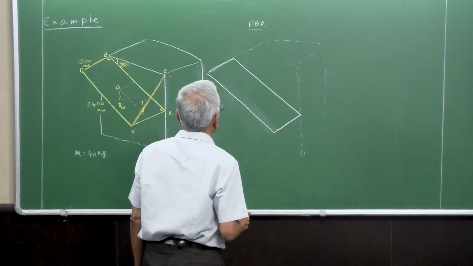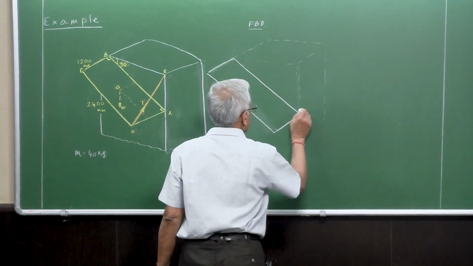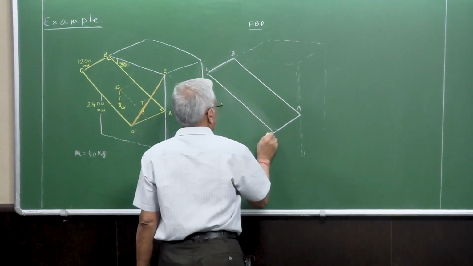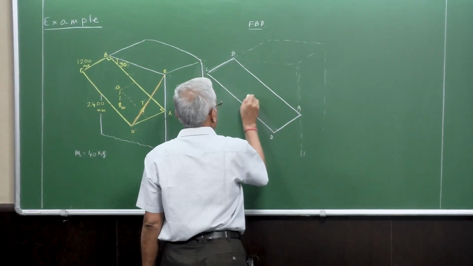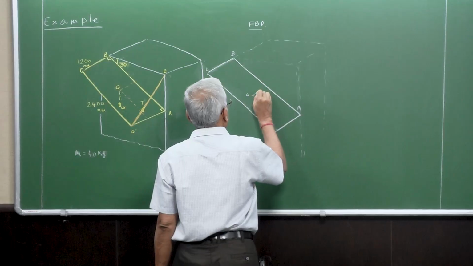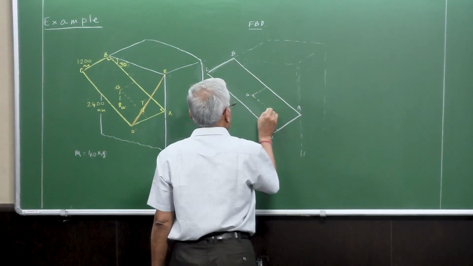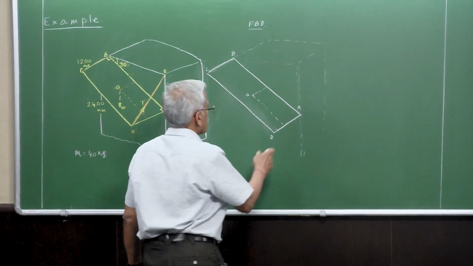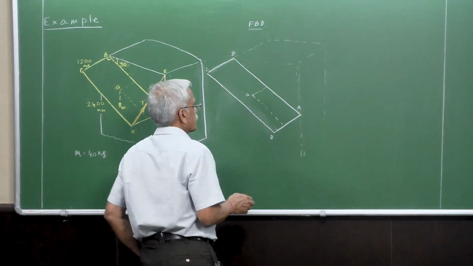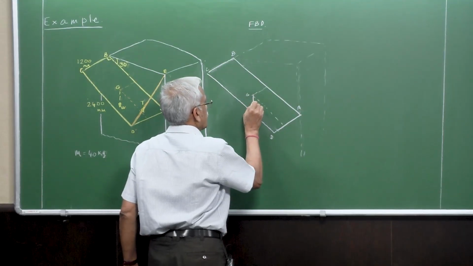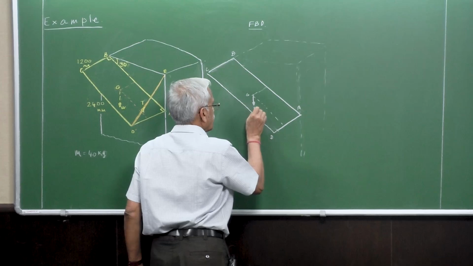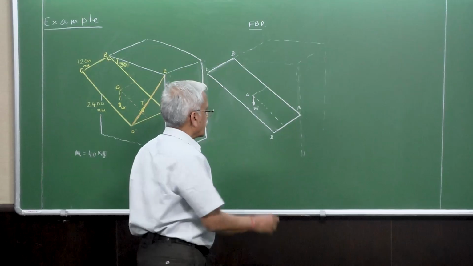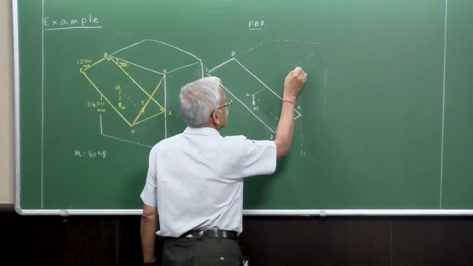Okay, so this is the plank, and at A and B and D, here it is being acted upon by forces. Let's represent the forces here. One is W here, and then at point A it is acted upon.